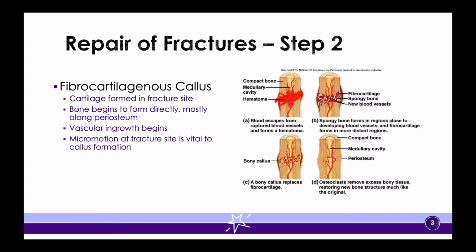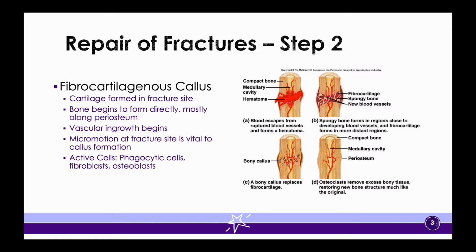And really, when it comes down to it, micromotion at these fracture sites is really vital for us to have this callus formation. So we need to make sure that there are some micro movements that are happening in order to continue this bone growth.